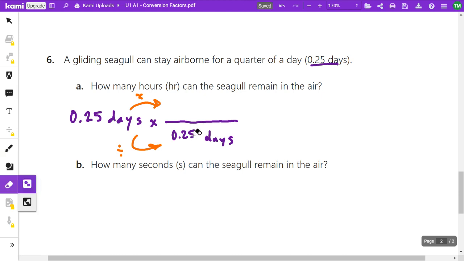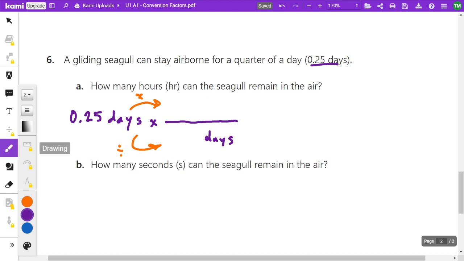The only numbers that should go in your conversion factor are how many things are equivalent in those two units. So if I'm changing from days to hours, I'm going to say HR for hours there, then I want to make sure that I'm talking about how many hours are in 1 day or how many days are in 1 hour. So I have to make sure that I use only those numbers. The actual measurement does not touch this conversion factor.